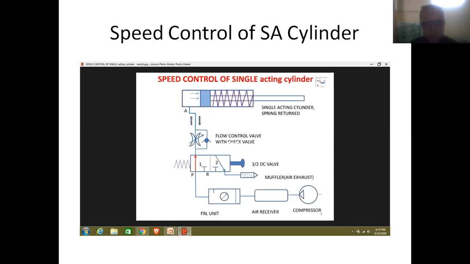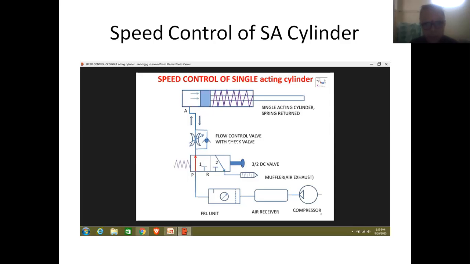And by controlling the quantity of fluid, it will be controlling the speed of the fluid and thereby the speed of the piston moving inside the cylinder. So, friends, this is also called speed regulator.